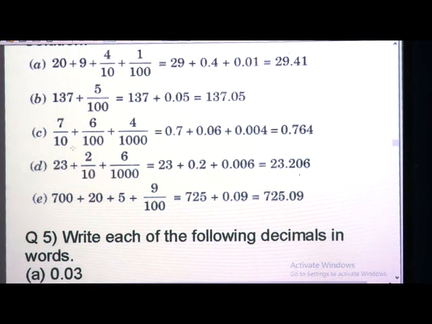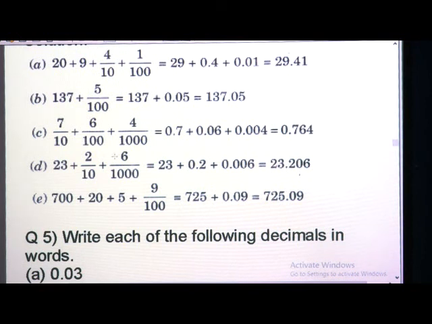7 by 10 plus 6 by 100 plus 4 by 1000. 7 by 10 is 0.7, 6 by 100 is 0.06, and 4 by 1000 is 0.004. When we add this, we get 0.764.